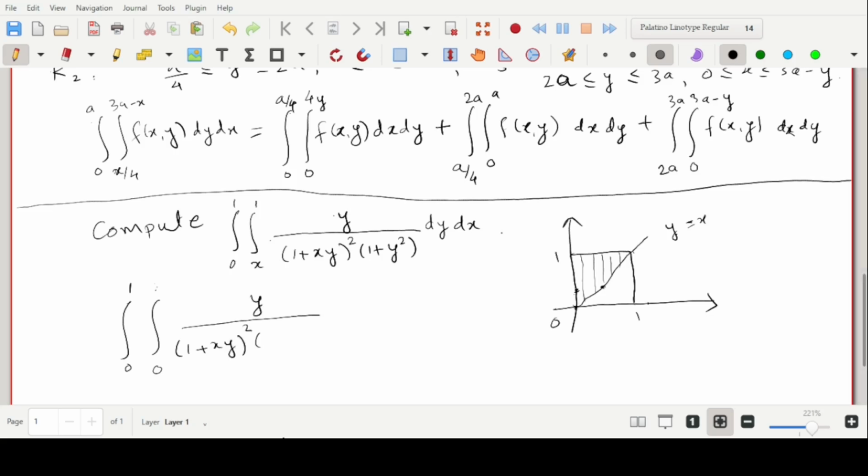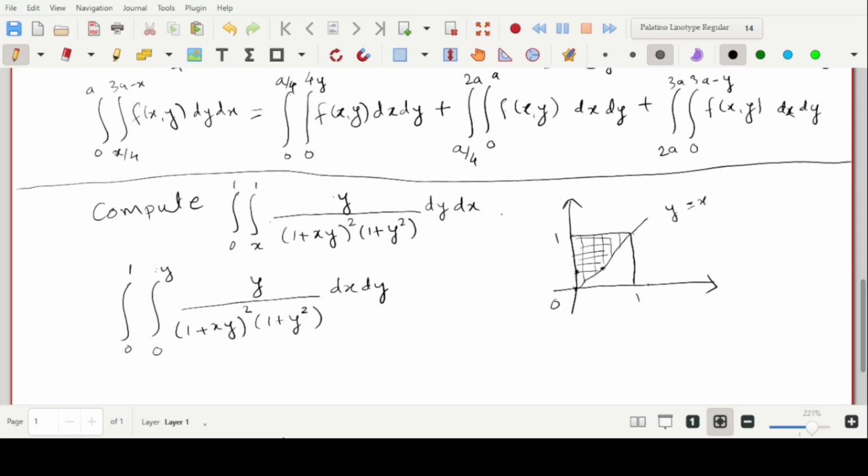The function remains unchanged, but now the order changes. Alright, so now this is the region looked at differently.